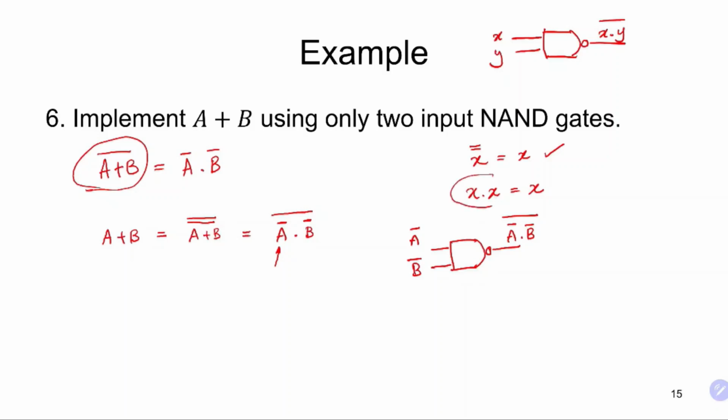So it's from here. X and with X is equal to X. Meaning that A and with A is still A. B and with B is still B.